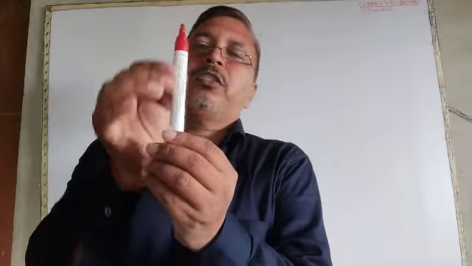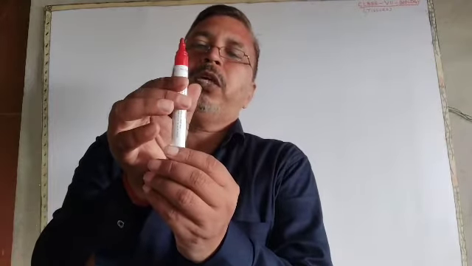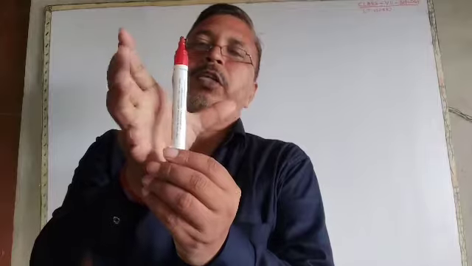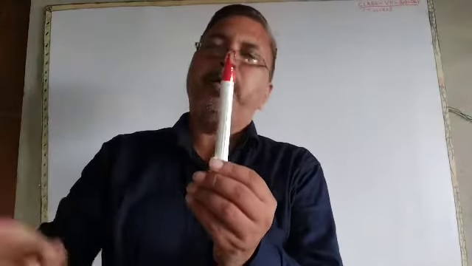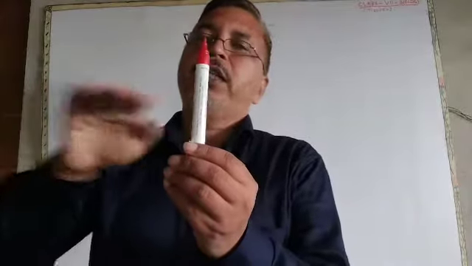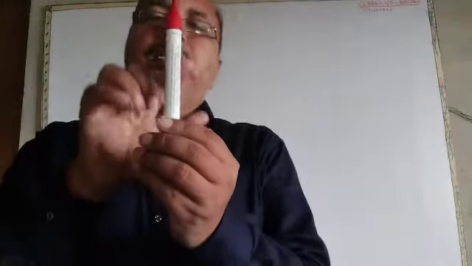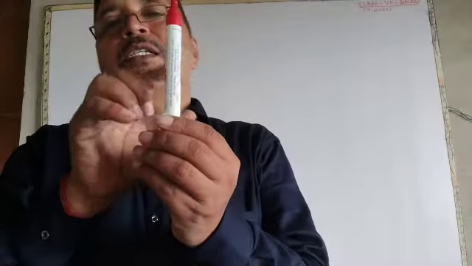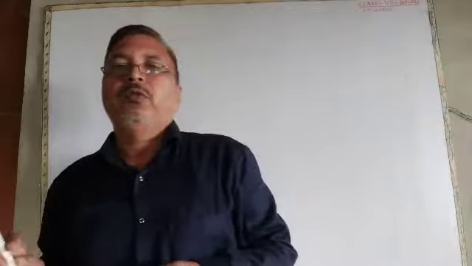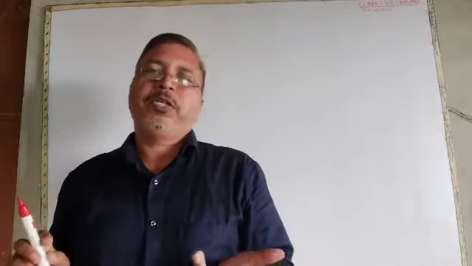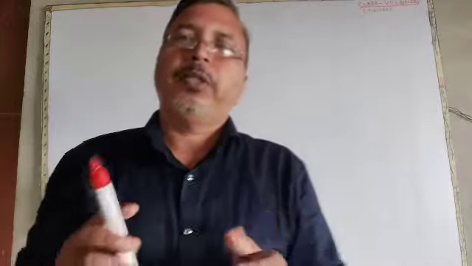In the beginning this stem is very thin. After a few days or months or years, this stem becomes very thick. This growth is parallel to the surface, so lateral growth. So the cells present on the lateral sides that cause lateral growth in the plant body were called lateral meristem.